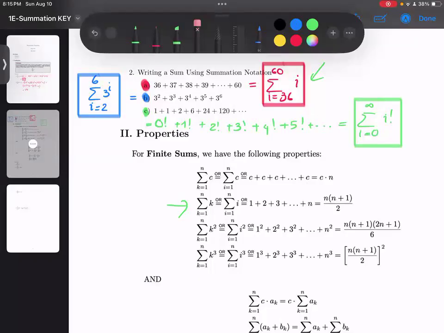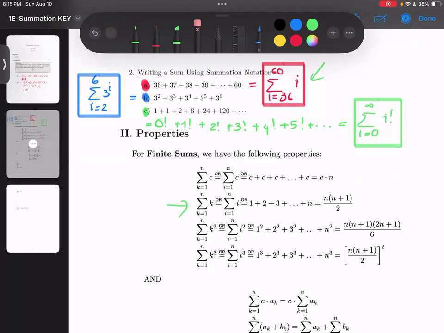And we have a handy dandy trick here. If you have 1 plus 2 plus 3 plus 4 all the way to plus n, then it's equal to n times the quantity n plus 1, divided by 2. I recommend you use the formula. By the way, there's a history attached to this formula. Look it up. Maybe many of you already heard of it.